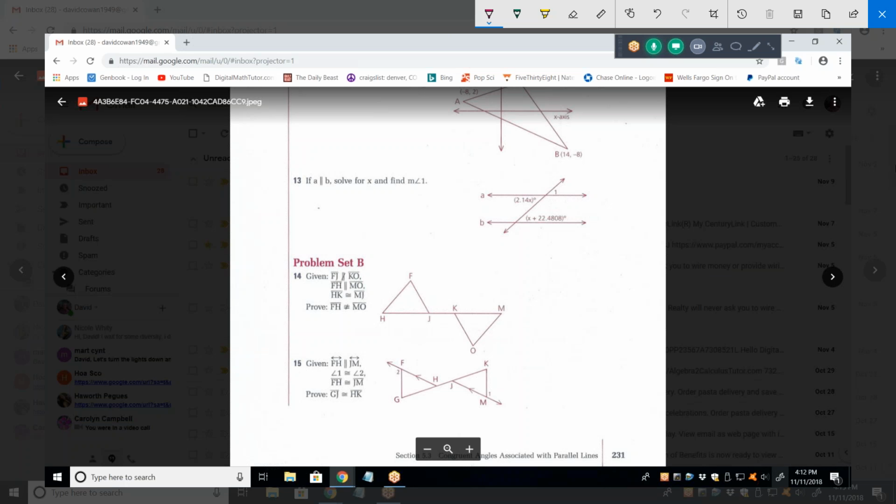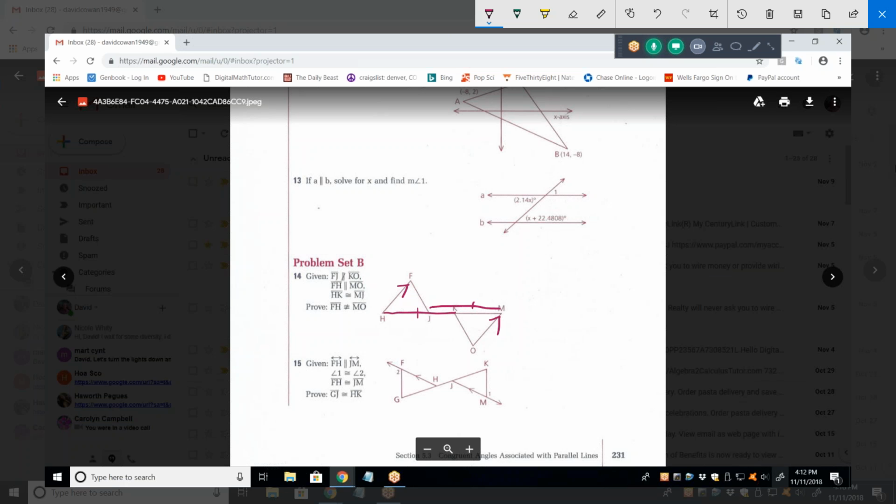So FJ is not parallel to KO. FH is parallel to MO. And HK is congruent to MJ. So that distance is congruent to that distance.